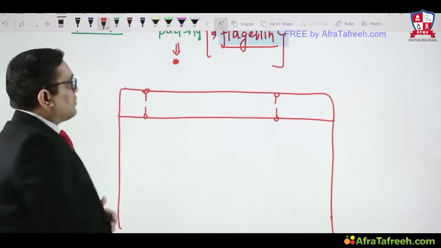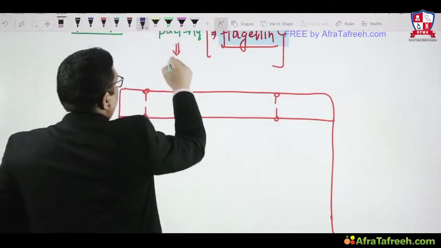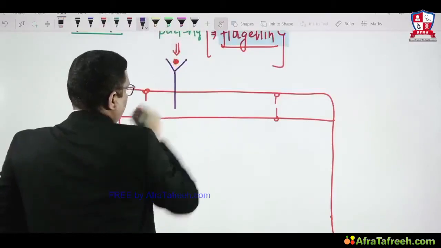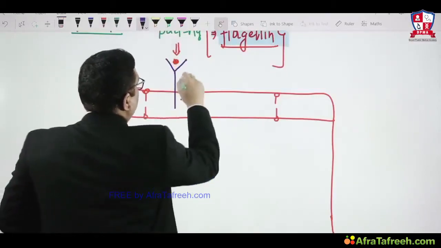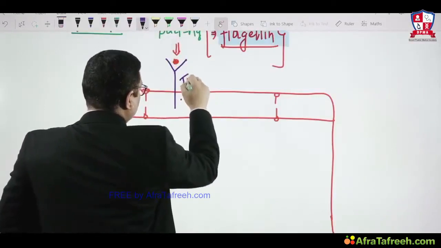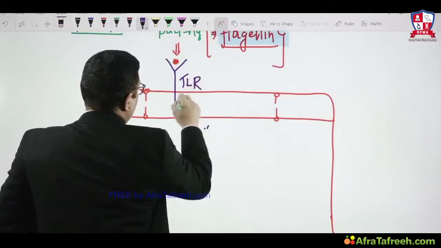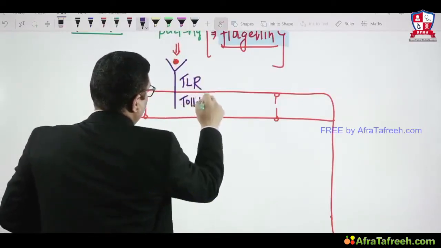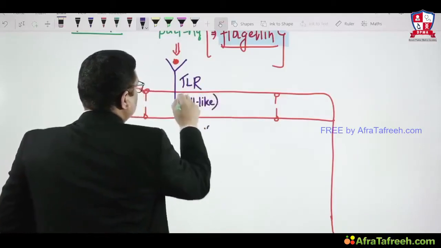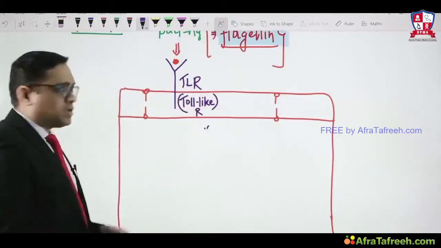So what happens when this bacterial antigen comes? First it meets a membrane receptor called the Toll-like receptor. Toll-like receptors are present on the membrane.